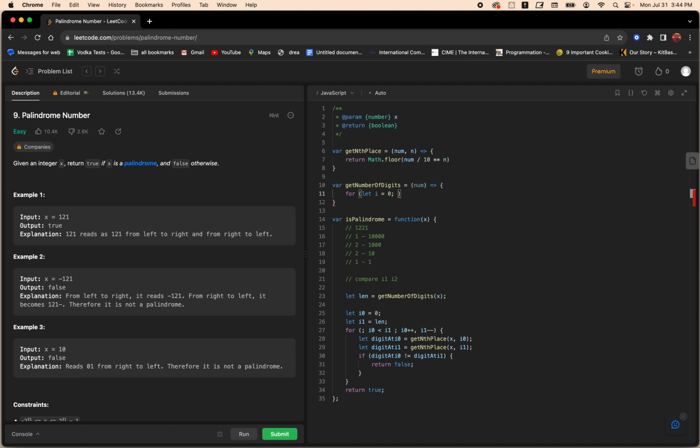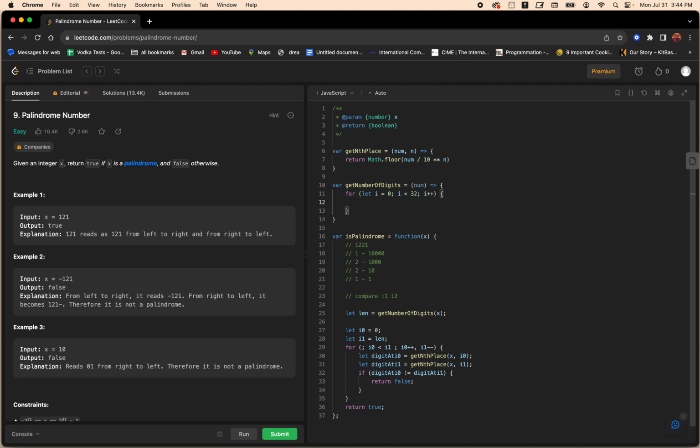So then we say I less than 32 because we know this is a 32-bit integer. I plus plus. Okay, and then we say let digit at place equal to get nth place num I.